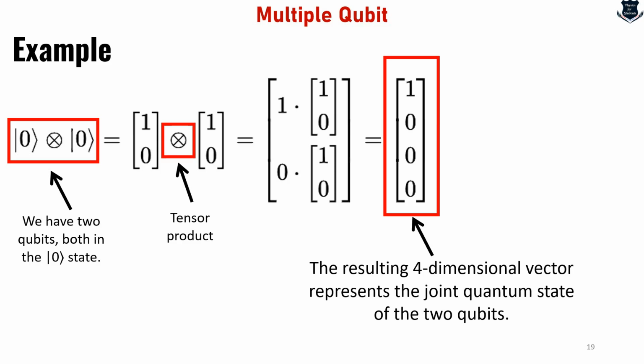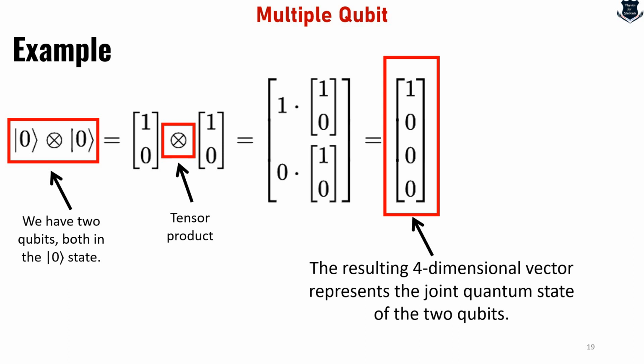Here, remember, the resulting four-dimensional vector represents the joint quantum state of the two qubits. Each element in the vector corresponds to a possible outcome, and the only non-zero element, which is 1, is in the first position, which means the only possible outcome is both qubits being measured in the zero state.